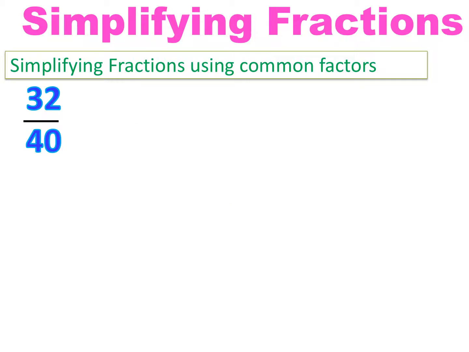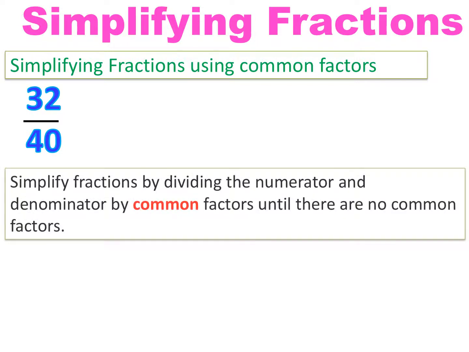When we're talking about fractions and simplifying, what you're going to be doing is using common factors. You're going to simplify a fraction by dividing the numerator and the denominator by common factors until there are no longer common factors.